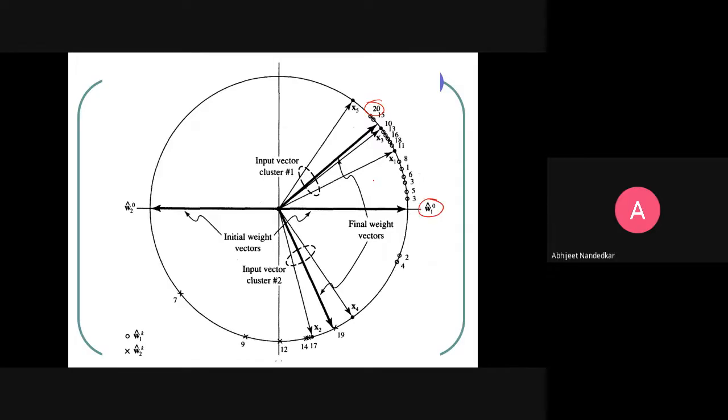This is the final weight for the first neuron, and this is the final weight for the second neuron. Sorry, this is not final, this will be the final. So this is the final location for neuron number 1, and this is the final location for neuron number 2.